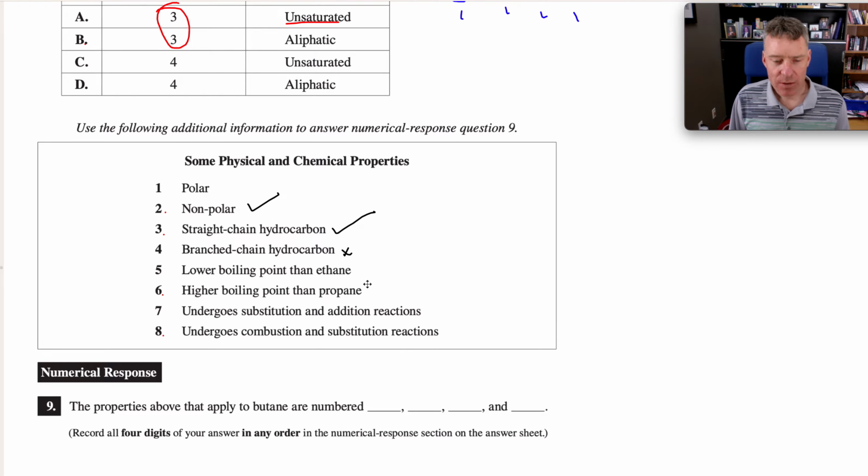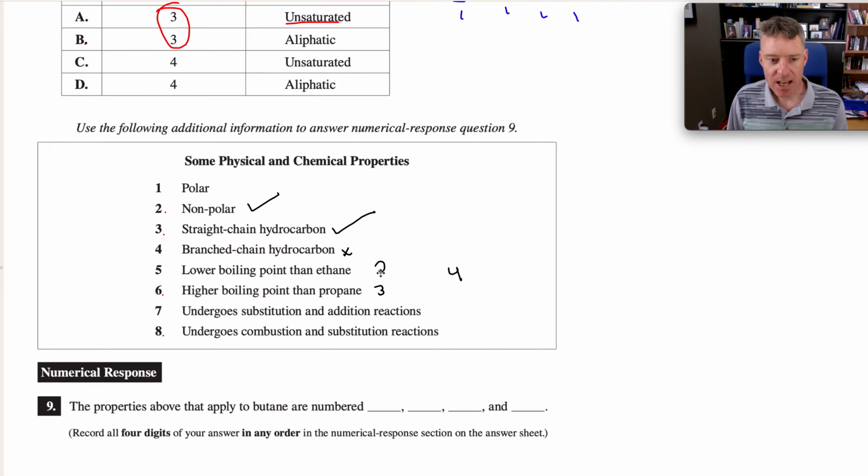So what else? So we've eliminated that. Where does it fit in terms of boiling points? So with the anes, the lower amount of carbons, less electrons, less London forces, and it'll have lower boiling points. So the eth is 2 carbons, prop is 3, and then we've got bute, which is 4.